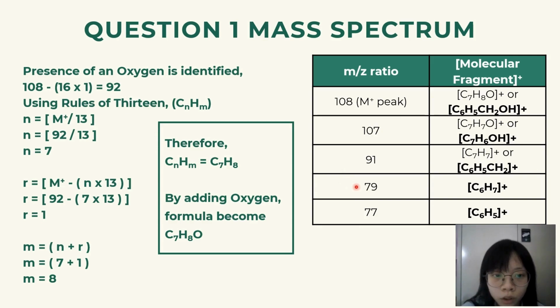The peak at mass to charge ratio of 91, with loss of OH radical, is the molecular fragment with formula C6H5CH2, and the peak at 77, with loss of CH2OH radical, is the molecular fragment of only the aromatic ring with formula C6H5. The remaining two peaks are detected to be the tropylium ions due to ring expansion.